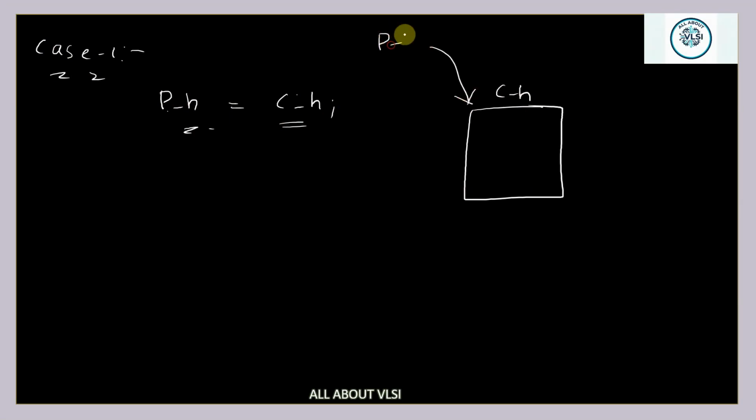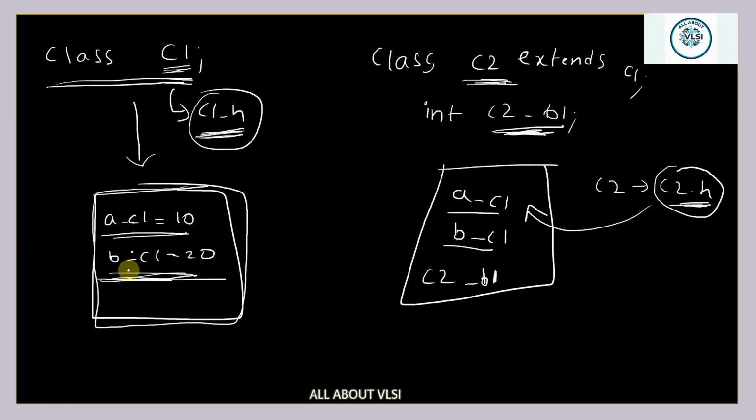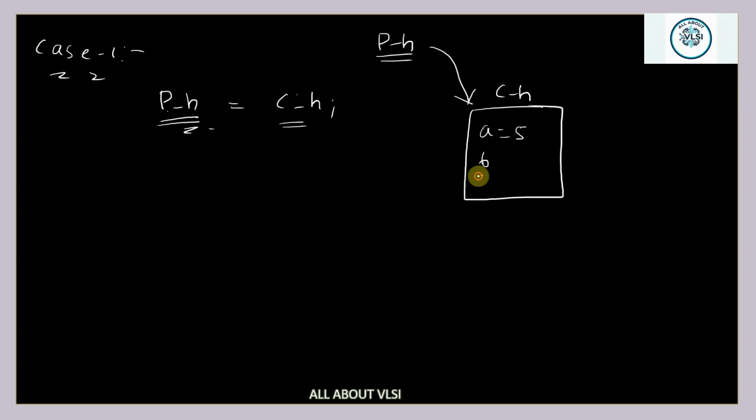Is it possible? Yes, because whatever properties we have in the parent will also be present inside my child. For example, if my parent has two properties A and B, those properties will also be present inside my child. So that's why my parent can point to a child.